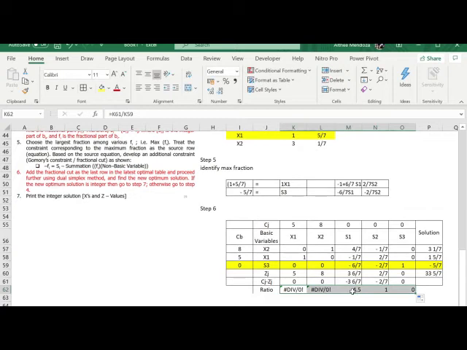Okay, ito yung itsura natin. The smallest ratio that we have here is actually 1. Therefore, si S2 ang ating variable na mag-e-enter sa ating system. S2 enters into the system.